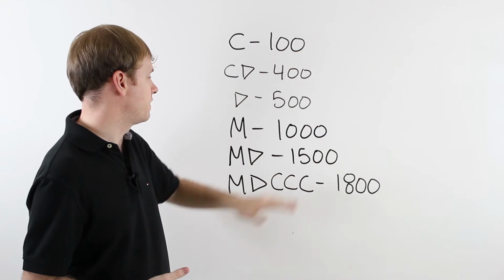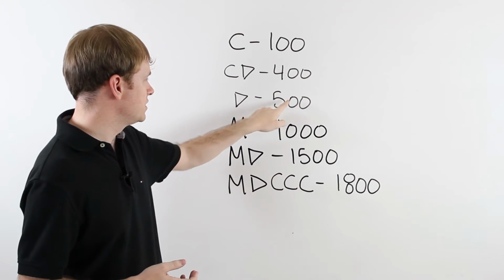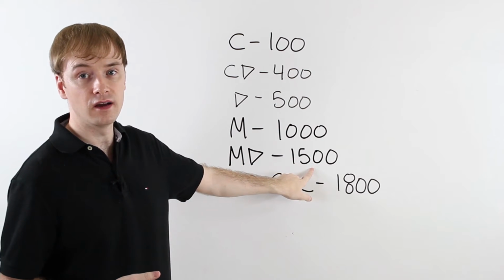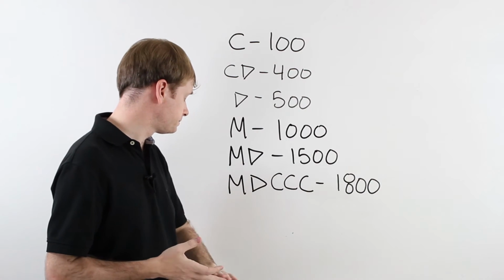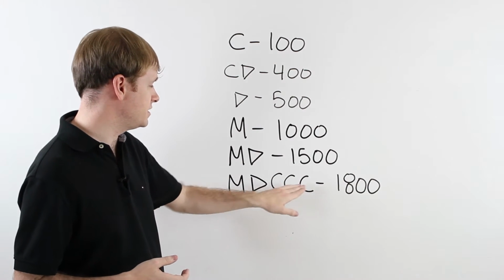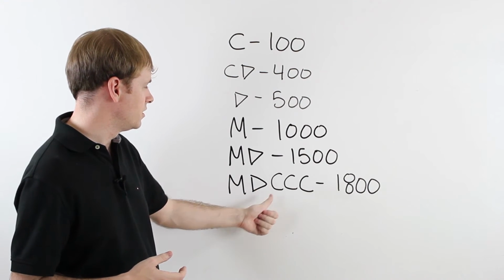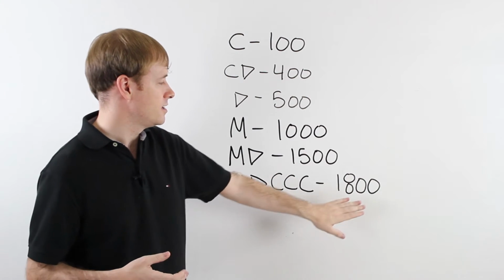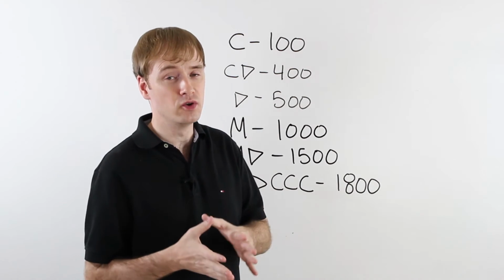M is 1000. Okay. MD. Well, D is 500. M is 1000. So 1500. MD. And the last one here, really big number. MDCCC. Okay, so 1,000, 500, and 100, 200, 300. The total here is 1,800. Okay, so that's Roman numerals.